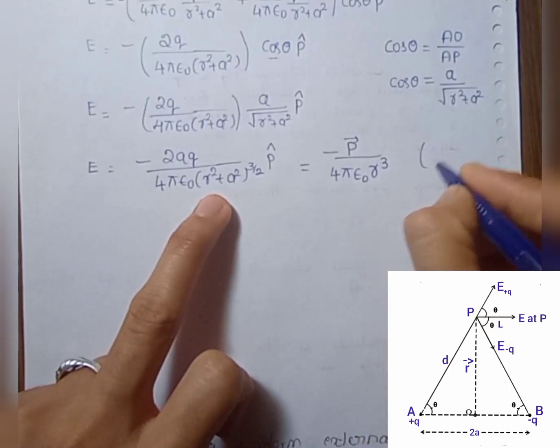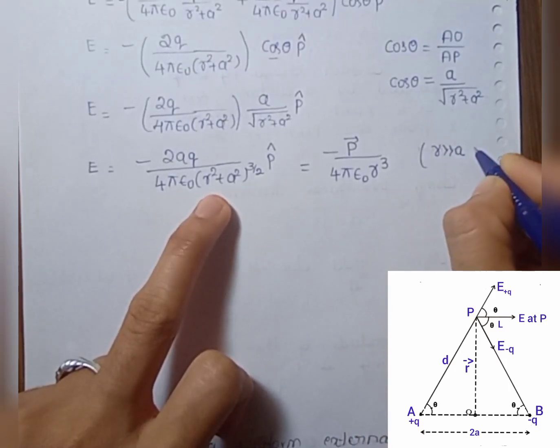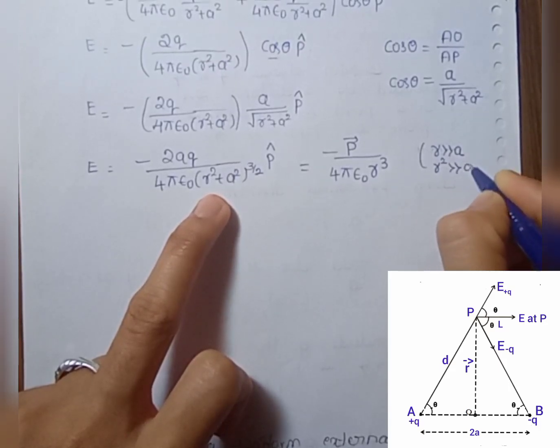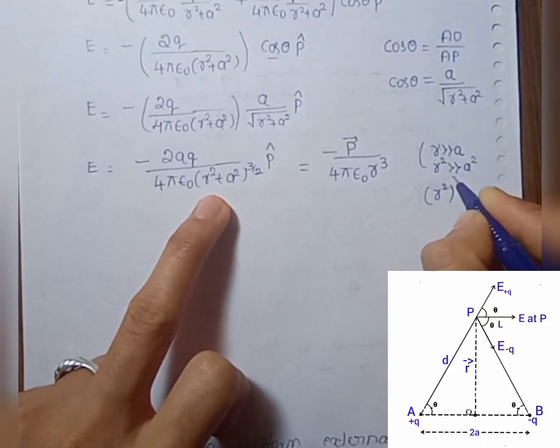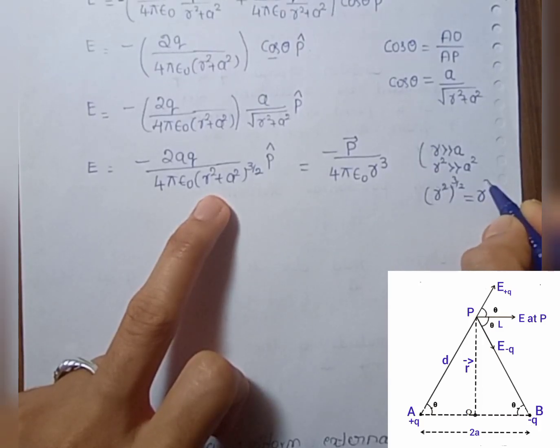Why? Here R is very much greater than A. That's why we can take it as R square, which is very much greater than A square. Here we consider R square whole to the power of 3 by 2. Square and 1 by 2 cancel each other and we will get R cube only.